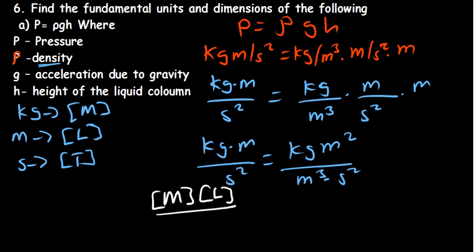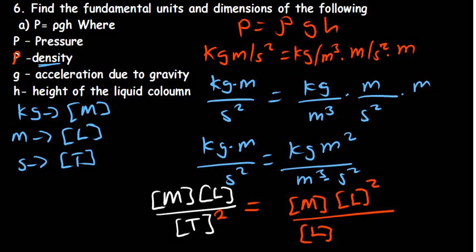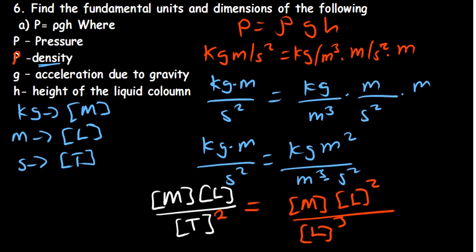Then I divide this by time, and this time is squared, so I'll square it. Meters is length, but since it is squared, I'll square it. I divide this by length down there, which has to be to the power 3. Next we have time.